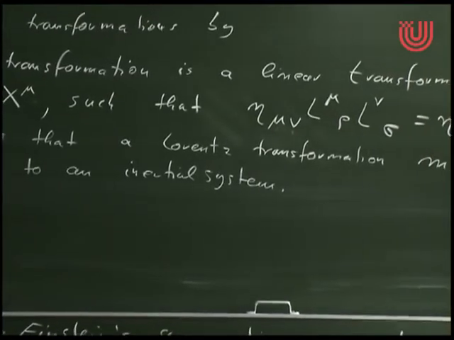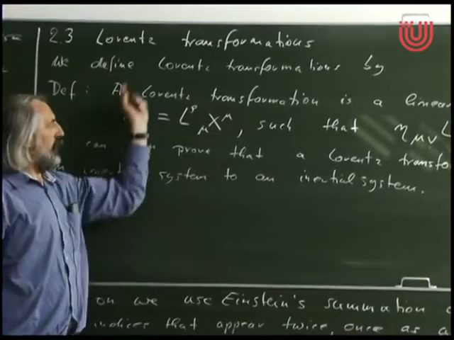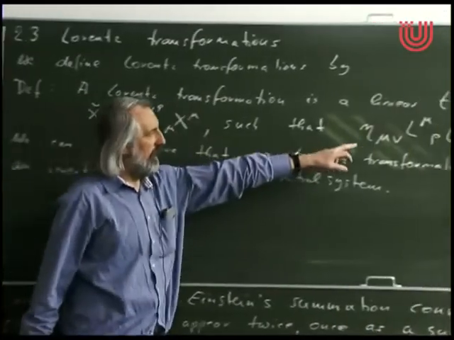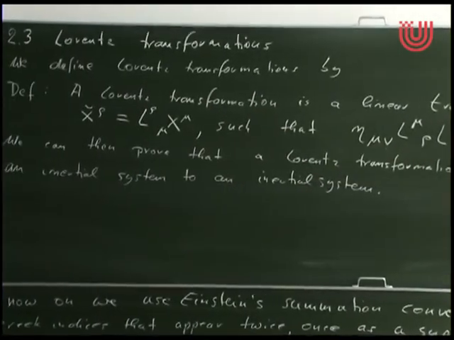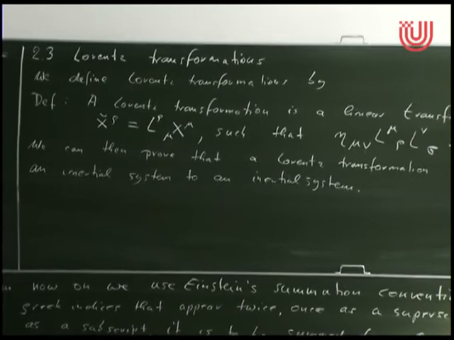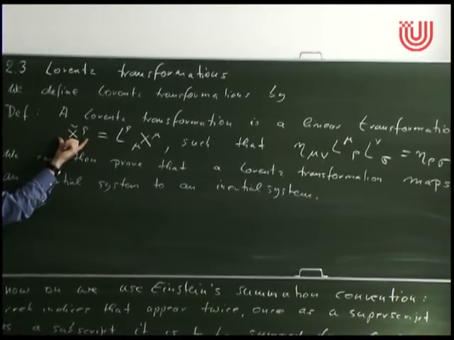So the claim is, if these are the coordinates in an inertial system, and I make this transformation with an L which has this property, then I get new quadruples for any event. And the claim is that this new coordinate system is again an inertial system.